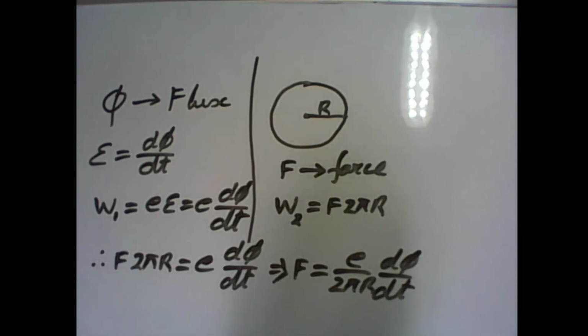So this gives us an expression for the force experienced by the electrons while going round the circular path of radius r.